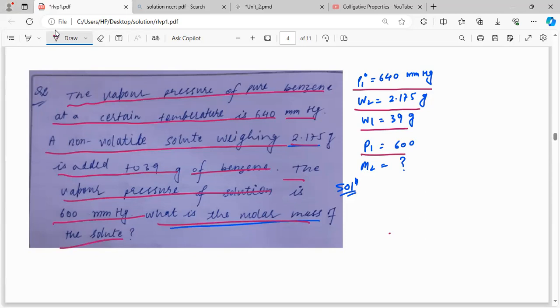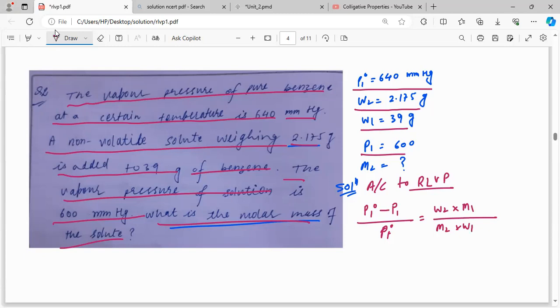So see here, according to which principle do we have to apply? RLVP, relative lowering of vapor pressure. What is the formula? P1 naught minus P1, divided by P1 naught, equal to W2 multiplied by M1, divided by M2 multiplied by W1.